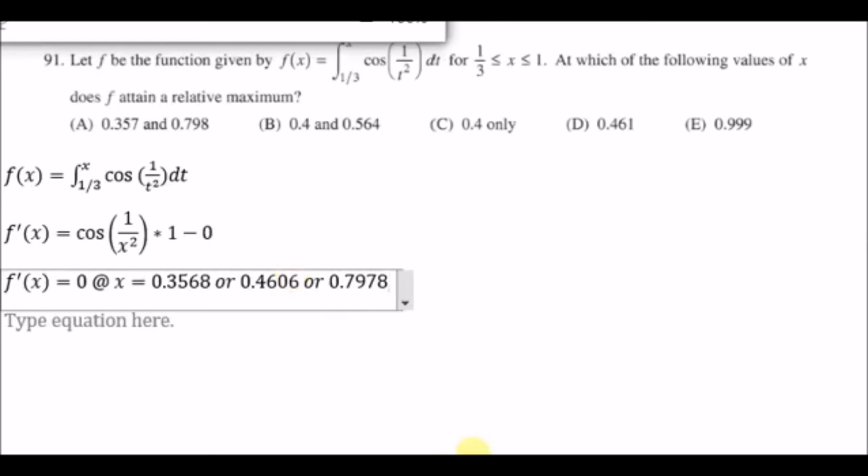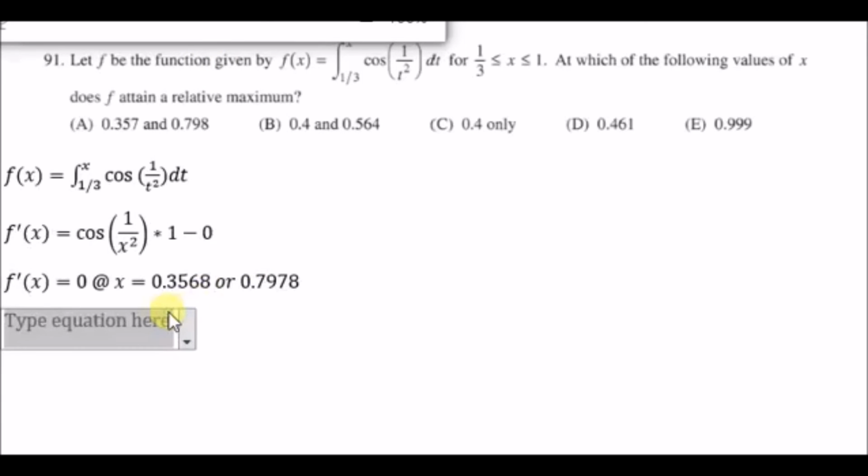There we go. So the extraneous solution in here is going to be 0.4606. If we look at the graph, that's when it goes from negative to positive, and we're looking only for positive to negative solutions. So let me just delete that, and we're left with an answer. And that answer is A. The answer, let's just write it all out. Oopsies, capitalization. It's hard. The answer is A.